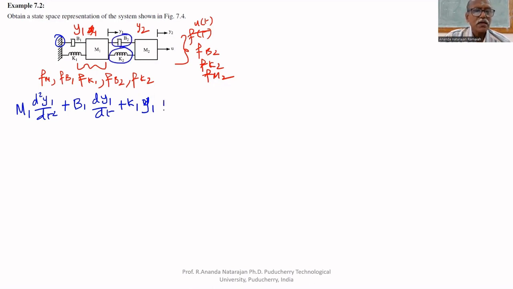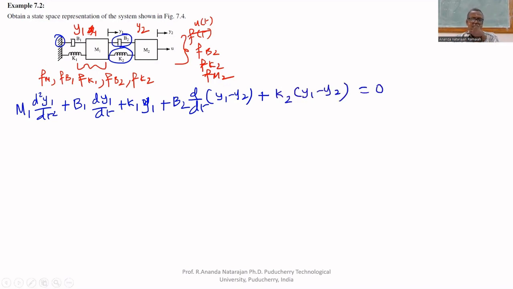That's why plus B2 d by dt of y1 minus y2 plus K2 y1 minus y2 equal to 0. No applied force, that's why equal to 0.